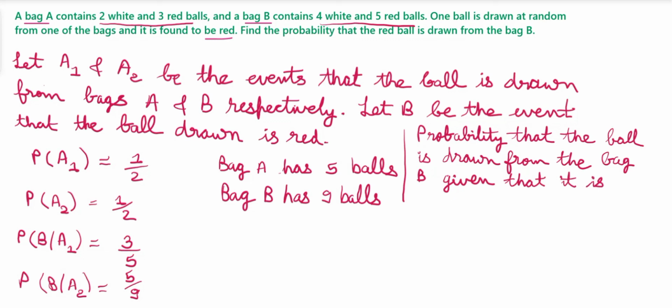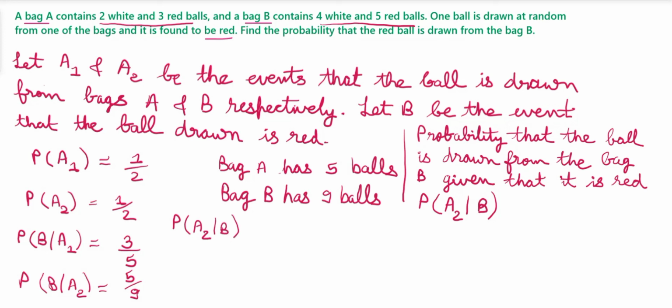We'll write this as, for bag B we have represented it using the event A2, so it will be P of A2 given that B, because we have represented that the ball is red and the event for that is B.